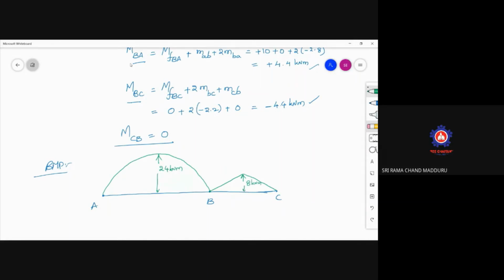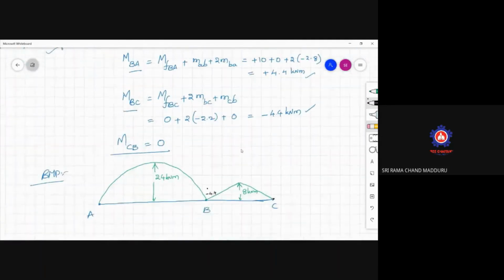Now over and above this, we need to draw our negative bending moment diagram. So the support moments are at CB 0, and at BC minus 0.44. That is the BA or BC support moment, which is nothing but negative always, which is minus 0.44, the 4.4 and 24.8.